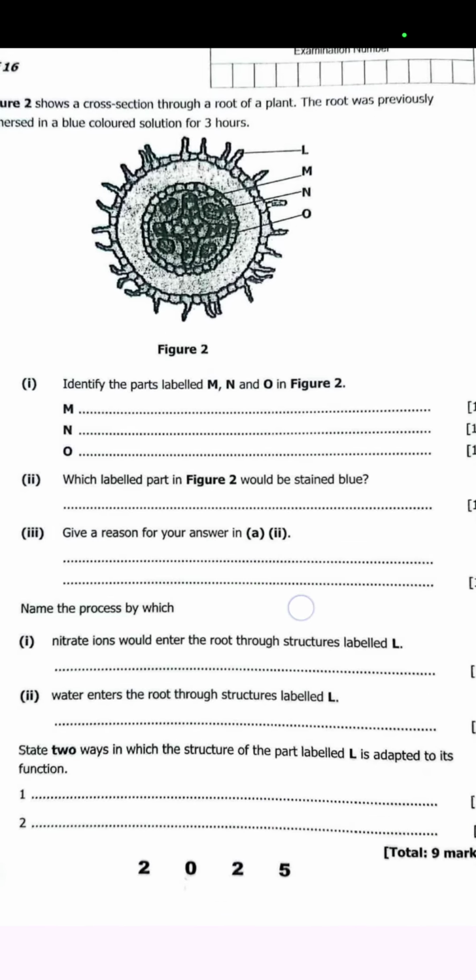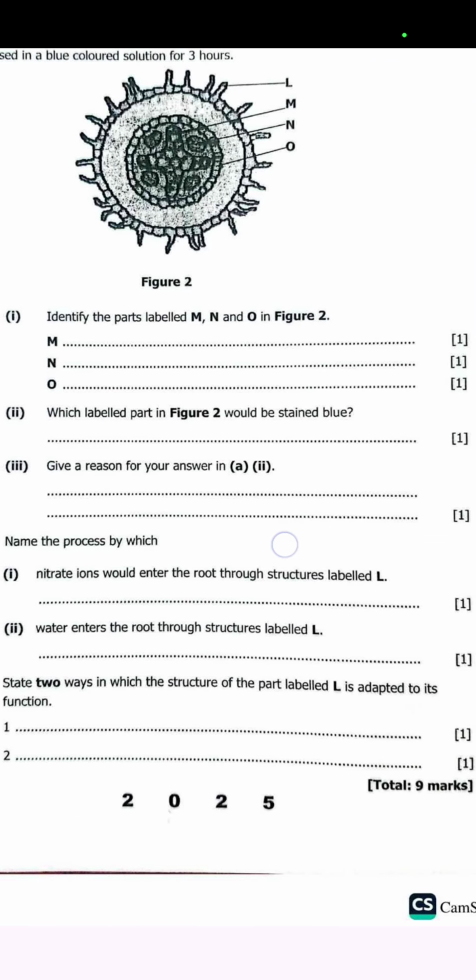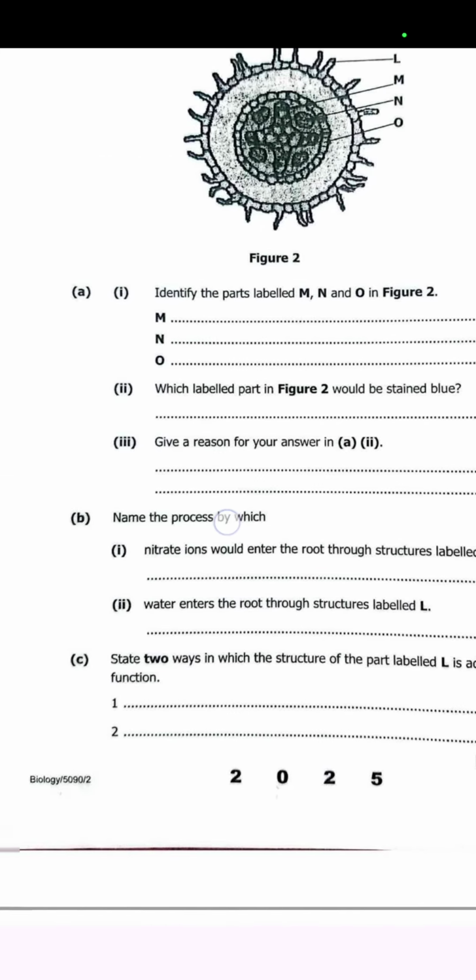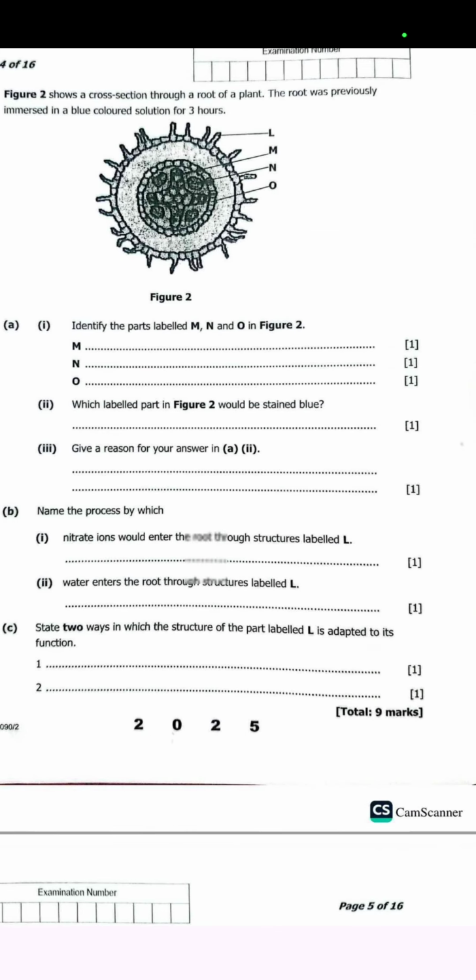Okay, so now what about C? There we need to give 2 adaptations. So the question is saying state 2 ways in which the structure of part labeled L is adapted to its function. So in short, we are looking at qualifications.